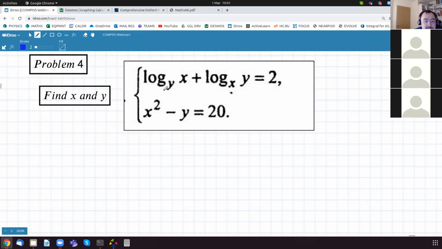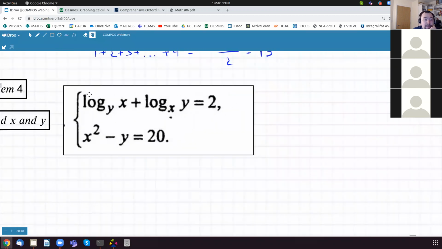Here we can see that the bases are different, so that hints us that we need to use change of base. But before we start, we need the range for x and y. Basically, which values of x and y are allowed.